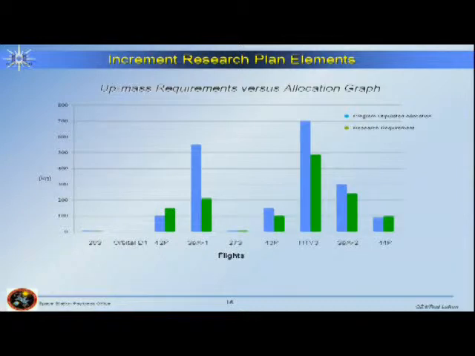One of the important things we do, as I mentioned, is compare the requirements we have for the research plan that the researchers want us to do versus the allocations given to us by the program. We'll show a typical graph like this that shows where we are, requirements versus allocation, depending on which flight vehicle we have.